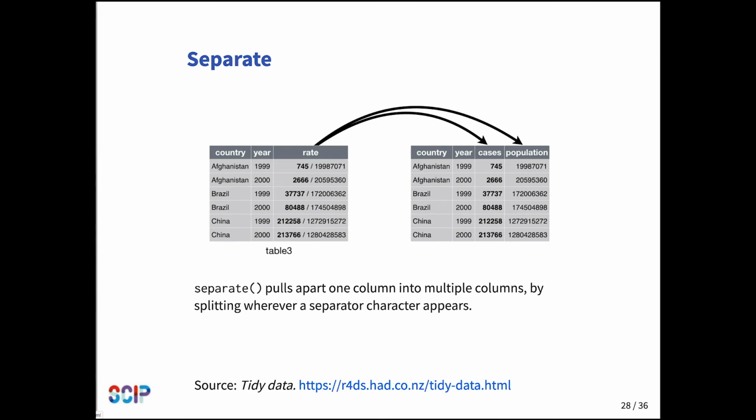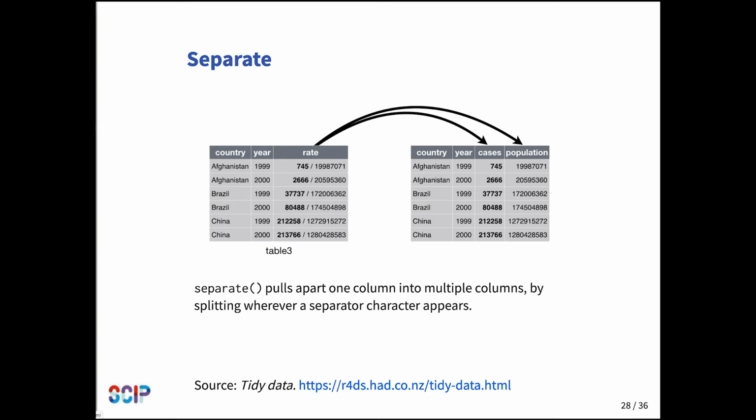Two more handy functions that are quite commonly used in the tidyr package are separate and unite. Separate, we can see here, pulls apart one column and splits that into multiple columns. It does that wherever it reads a special character.